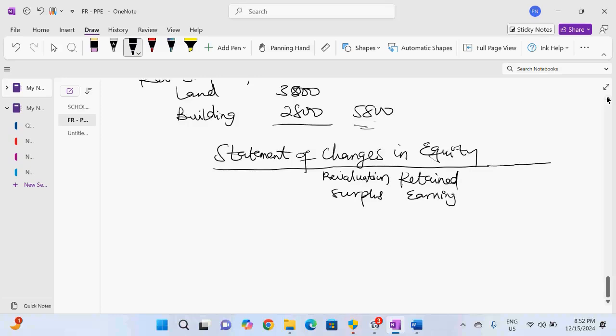What else? Retained earnings and what? Yes, we treated the format for the statement of changes in equity.